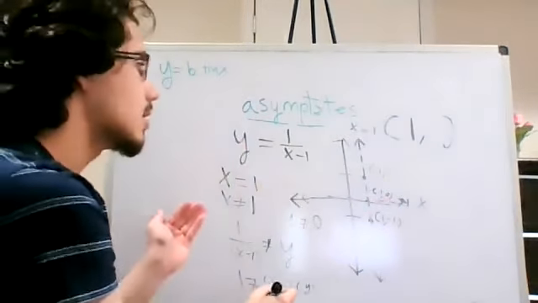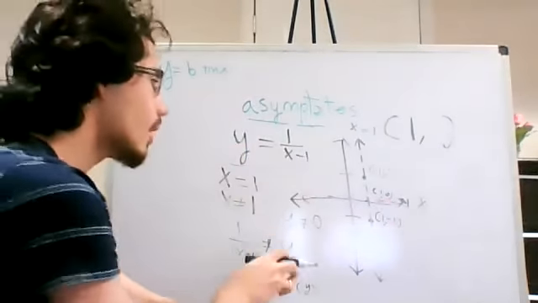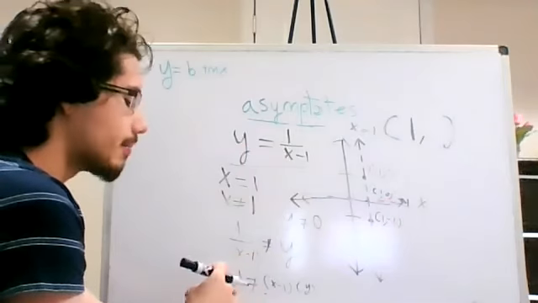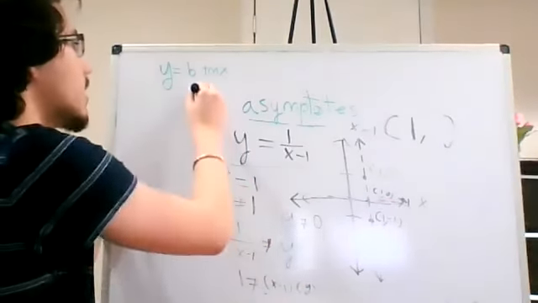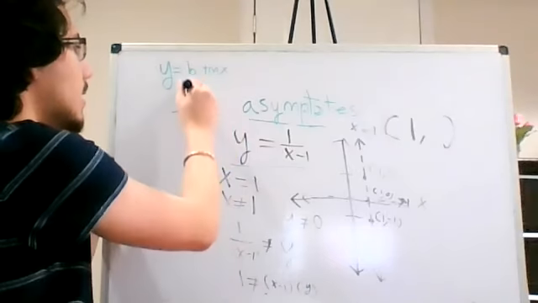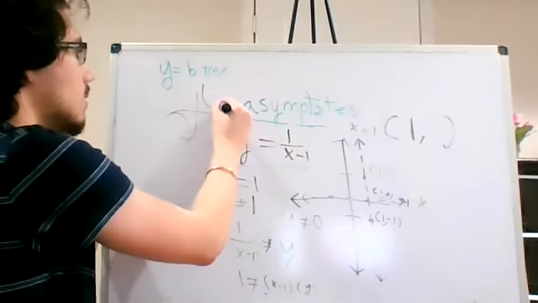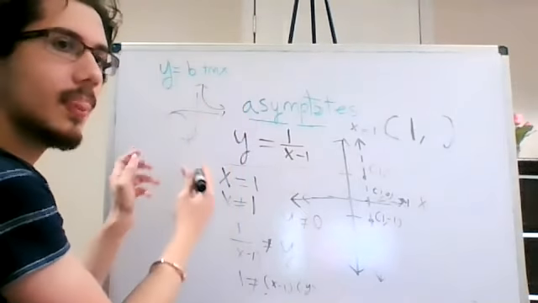So now we got our asymptotes, and we have our function here. What we know about the function already is what the shape of the function is. The shape of the function will look something like this, that it'll wrap around the asymptotes.